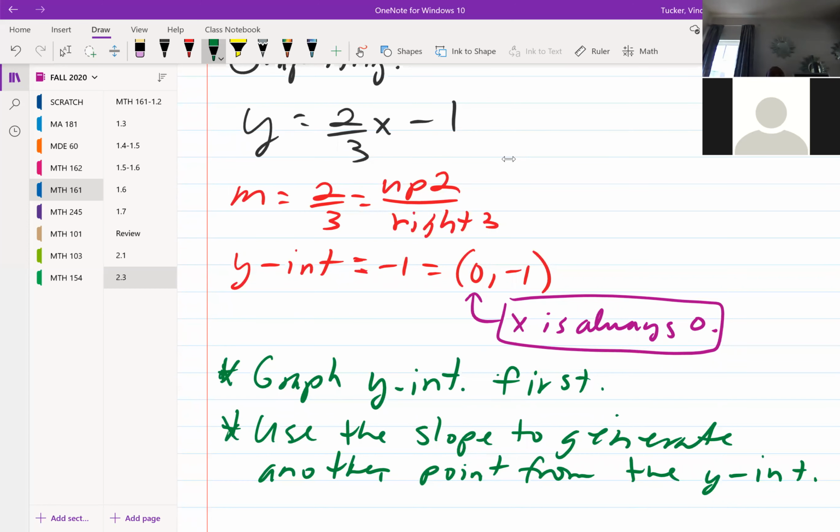You're going to graph the y-intercept first, and then we're going to use the slope to generate another point from the y-intercept. So a lot of people make that mistake right there, trying to graph using your slopes. Your slope is not a point, so you cannot go back to the origin. Your slope is just directions of how the line behaves. So what you would do is graph a point that you know is on the line, then generate another point using the slope information.